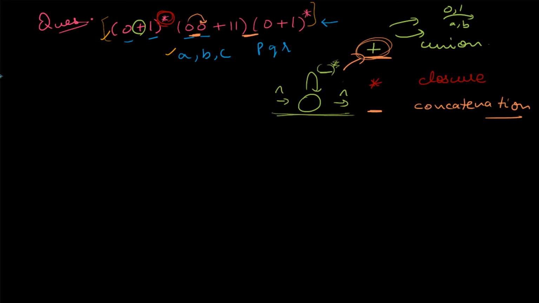For concatenation, you make a new state, and then just place the signs on either side of the arrows.